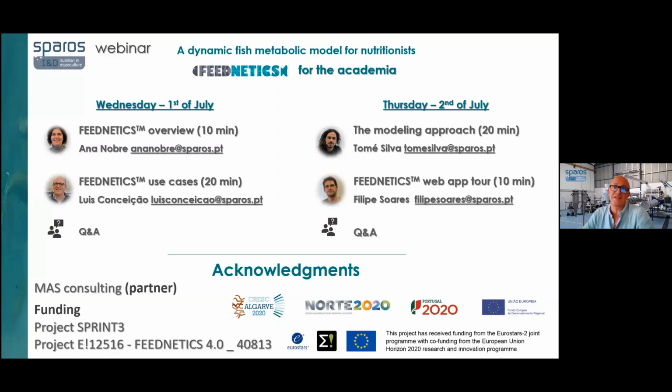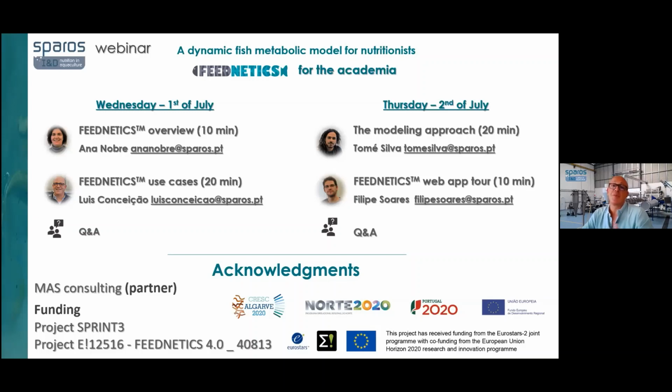So FEEDNETICS basically predicts effects on growth, on body composition, on waste output. It doesn't go further than that. Of course, in the future, either FEEDNETICS or other predictive models can try to predict effects on fish health, but for that we must reach a level of knowledge on what are the exact effects of the vaccines in the fish metabolism that I don't think we have today.